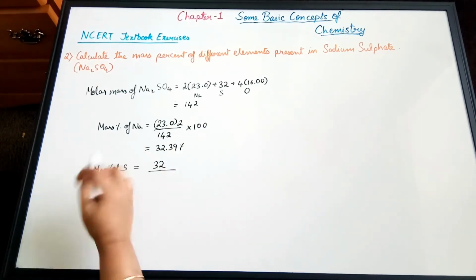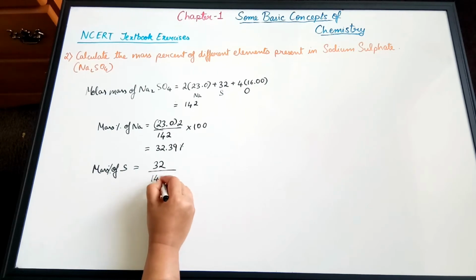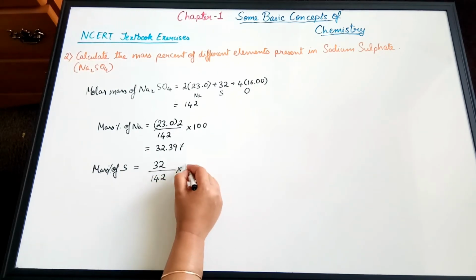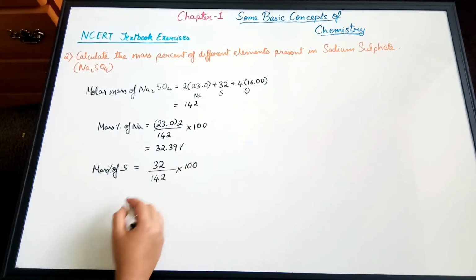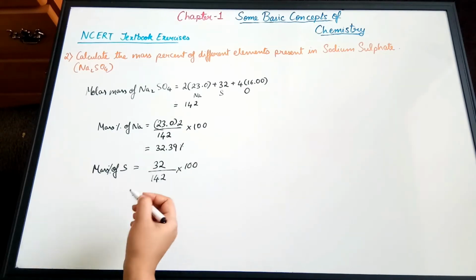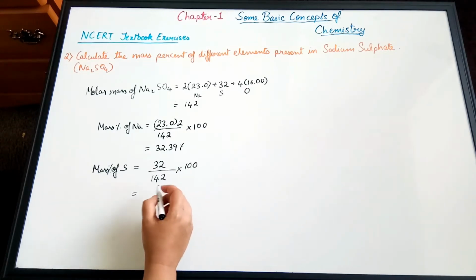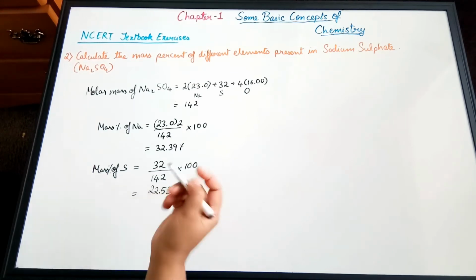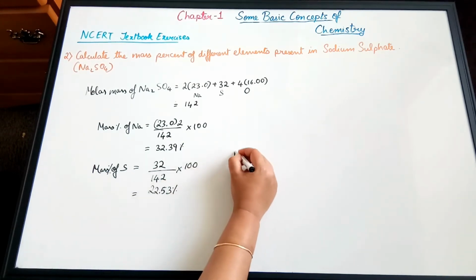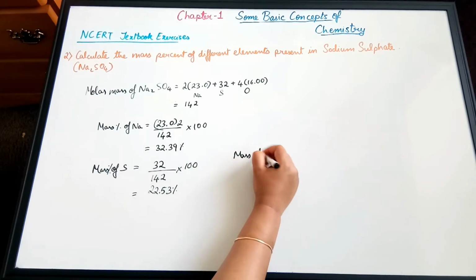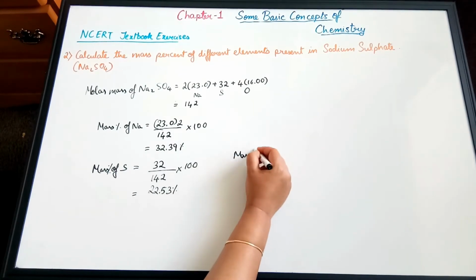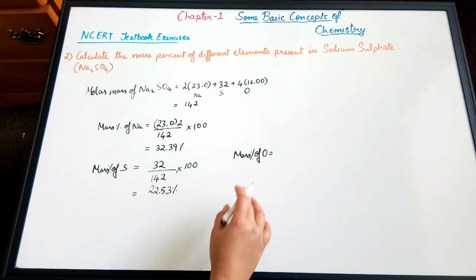Next is the mass percentage of sulfur, which is, here you have just 32 because it's only one atom of sulfur, and we divide it by 142, which is the molar mass of Na2SO4, and into 100 because it's a percentage, and this comes up to approximately 22.53%. The third is the mass percentage of oxygen.